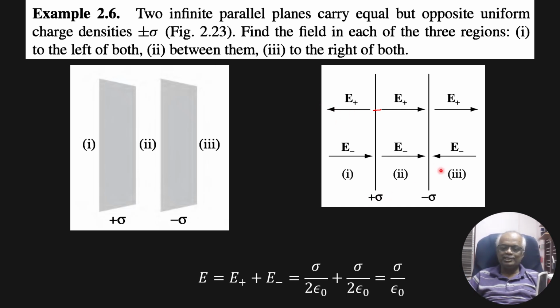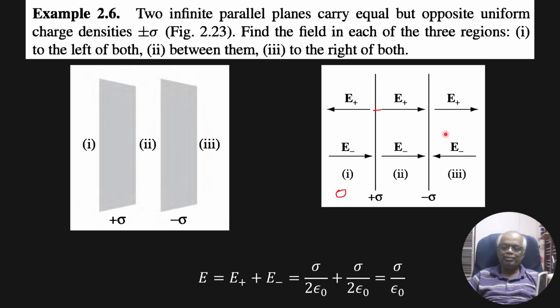Similarly, the negative charge attracts the field toward the source. So on the right hand side, it comes towards the charge, and the left hand side also, it comes towards the charge. Now you can see the left side, what will happen? You have electric field plus E and minus E, but both are in opposite directions. So naturally, this will be zero.